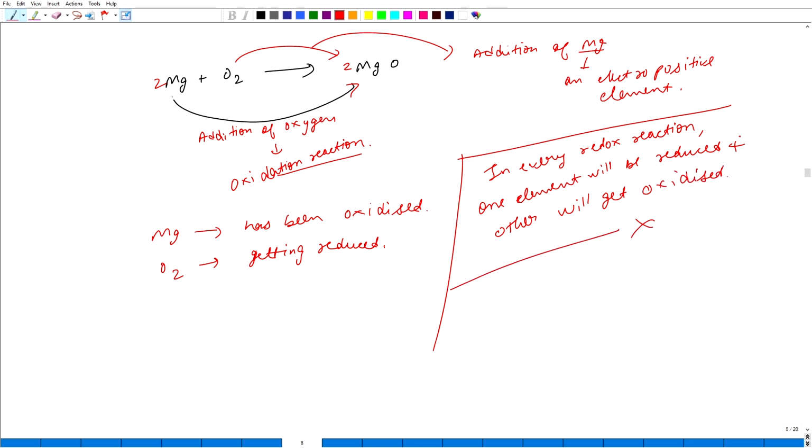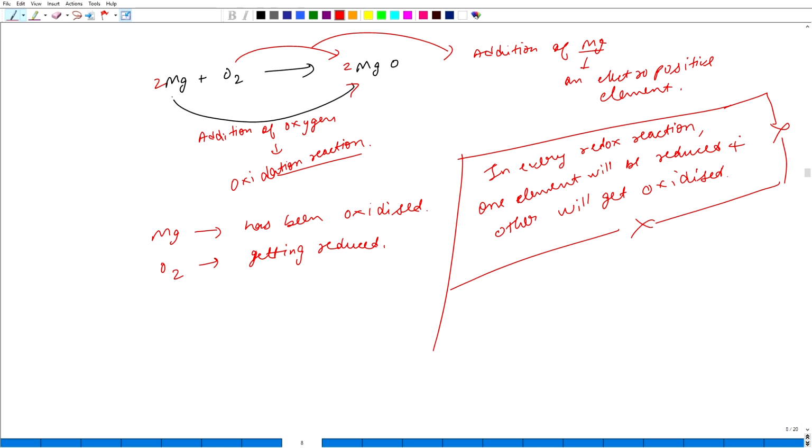Now, this is the important thing to remember, that oxidation and reduction can't go separately with each other, they always go together. There will be oxidation of one part and reduction of another part, and that is why we have combined the two terminologies to give one terminology, that is called redox reaction.